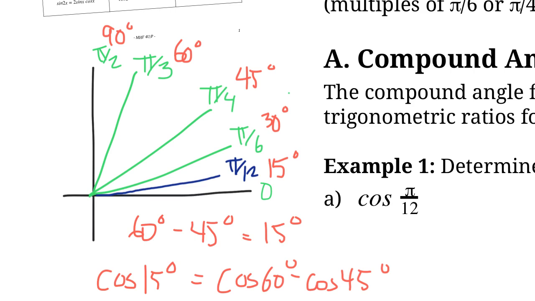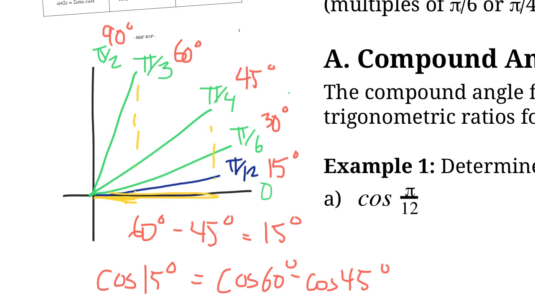Well, let's look at what's happening here. Remember, cos is just the x part of this line here. If this is our unit circle, we assume all these have a radius of 1, right? The x part of 60 degrees is going to be this piece right here, the cos part. And then the x piece of the 45 degrees is going to be this value here.